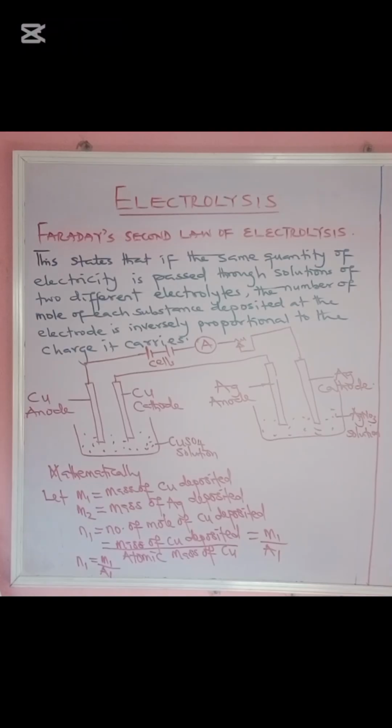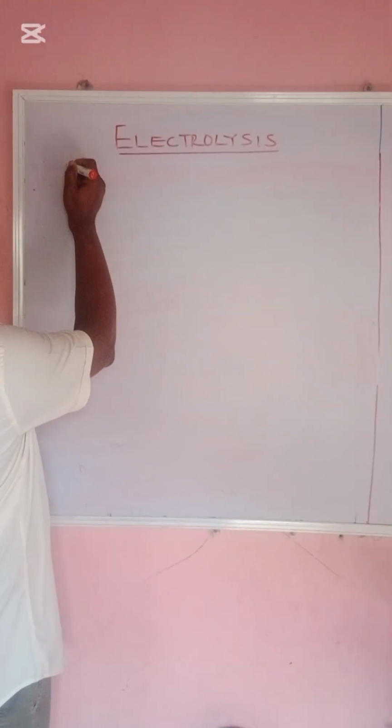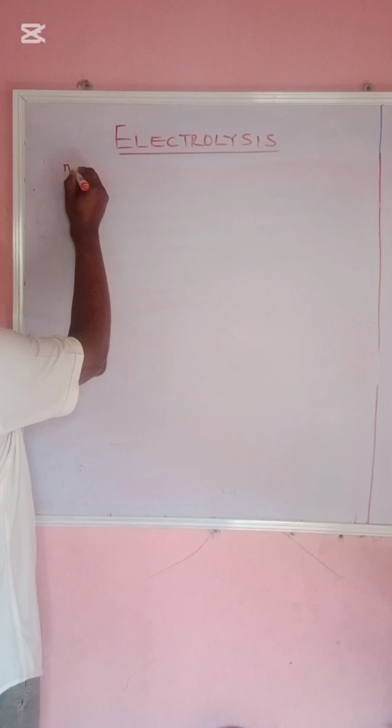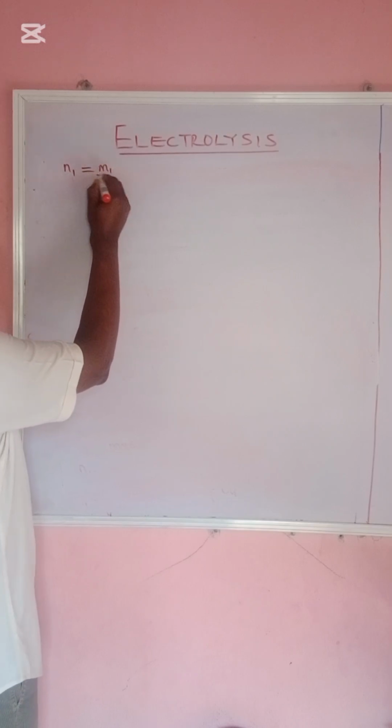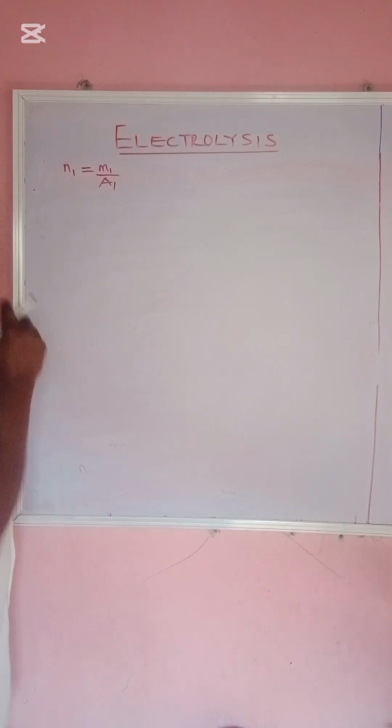Then again, remember, we have established that N1 is equal to mass of copper deposited all over atomic mass of copper.